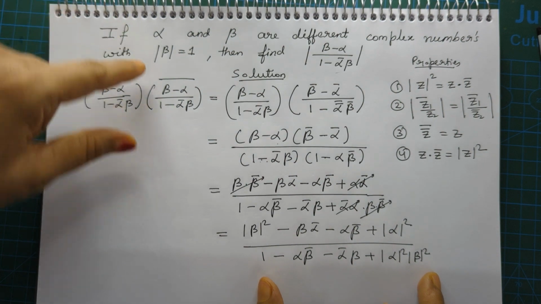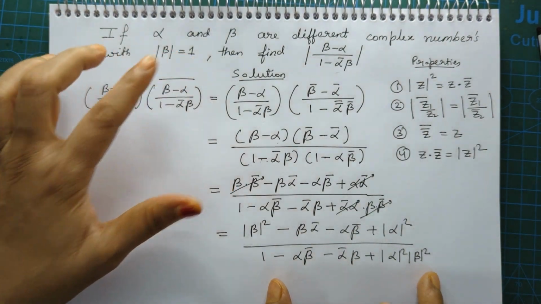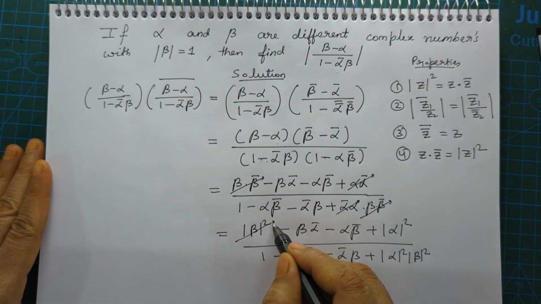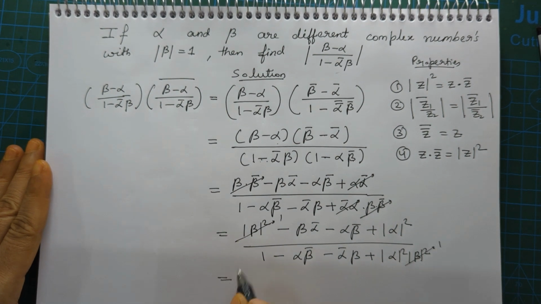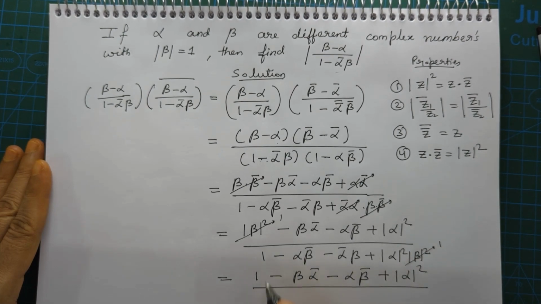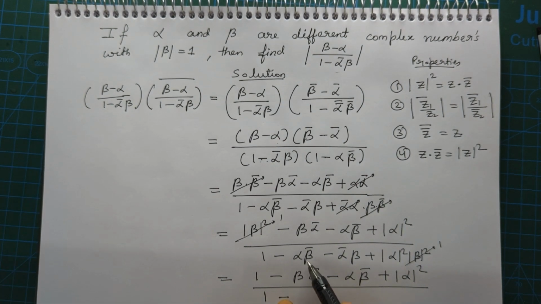In the question, we are told that mod beta is 1. So wherever we see mod beta, there we'll write 1. This is also 1. So the numerator is 1 minus beta alpha conjugate minus alpha beta conjugate plus mod alpha square. How does the denominator look? Denominator is also 1 minus, see, numerator second term is beta alpha conjugate, the same kind of term is here.